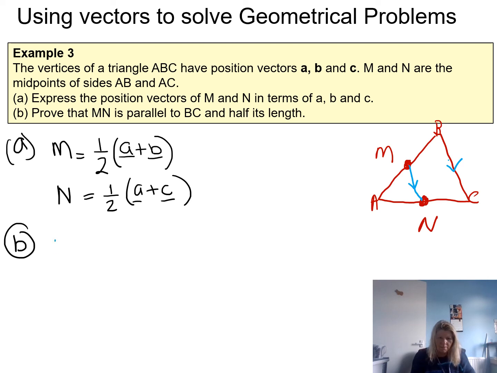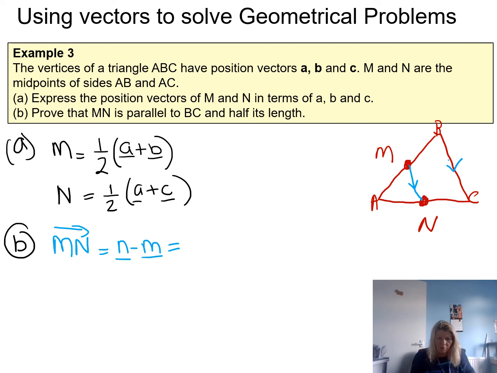So MN would be N take M, which if you use this, N take M, so they've got rid of the A's, haven't we?